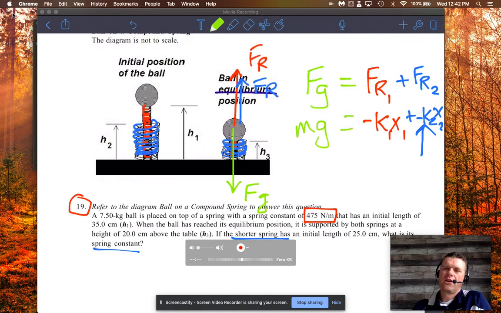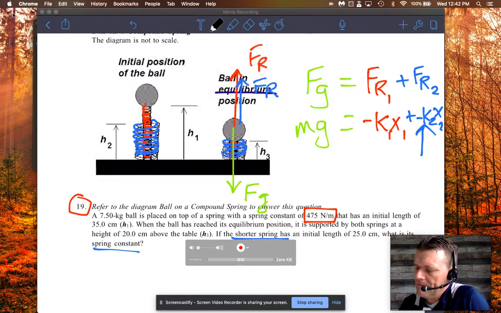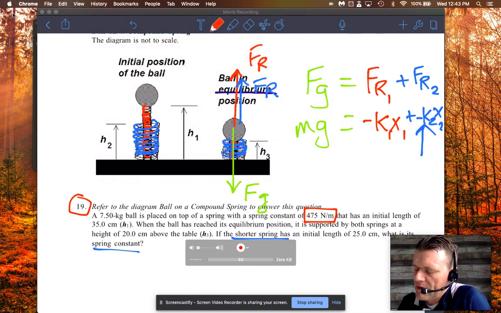So you see here, I'm just kind of playing this out. What you have to account for, which you don't rush into, because I'm giving you extra detail to force you to slow down. Let's look at just the red spring. The red spring is initially at 35 centimeters. That's height number one.